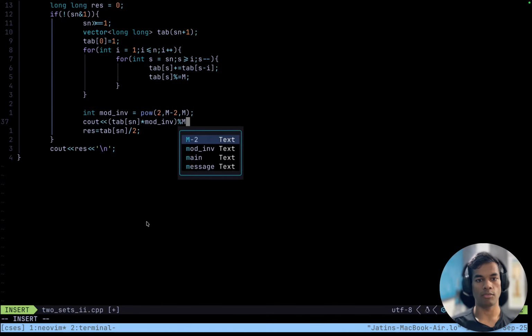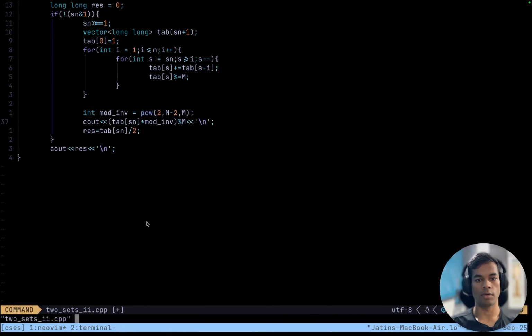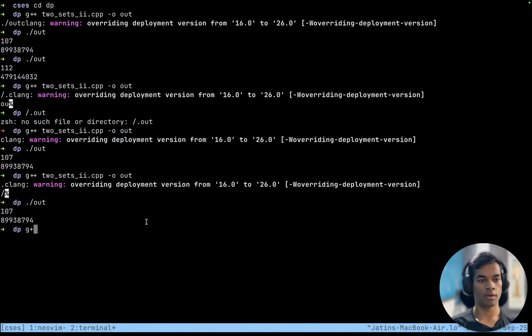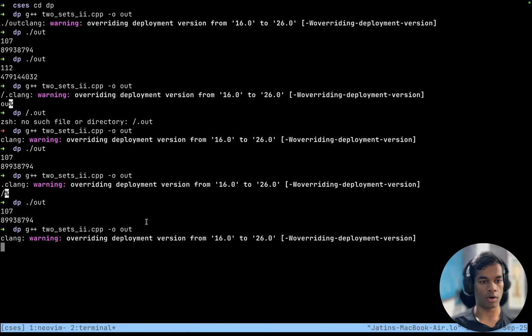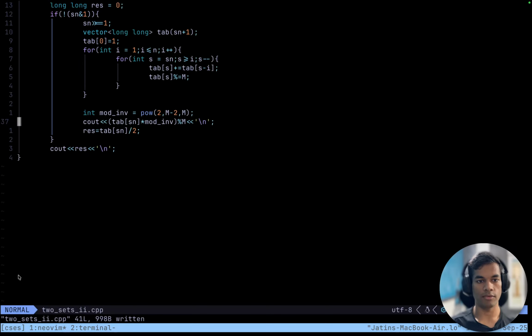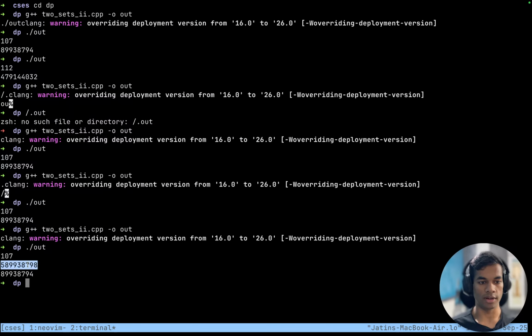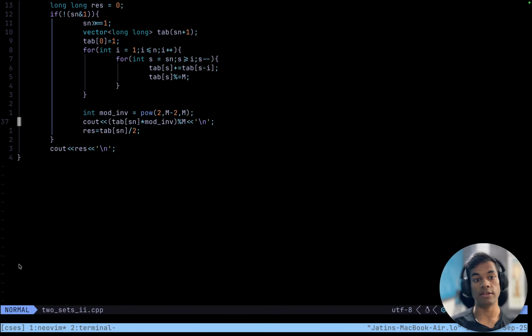If we take its modulus with m, this is what we will get. And let's use this for 10107. So this is what we were getting earlier when we were not dividing by modular inverse. But when we are dividing by modular inverse, this is what we are getting, which is the correct answer. So there is a difference.